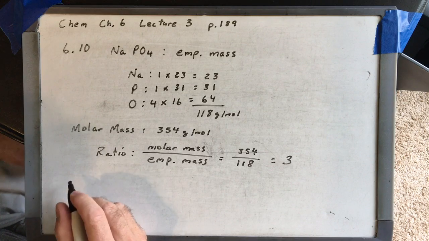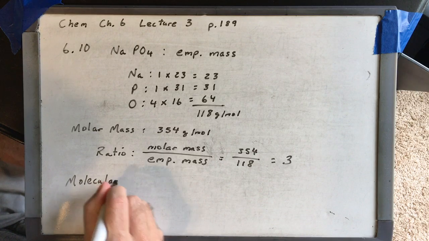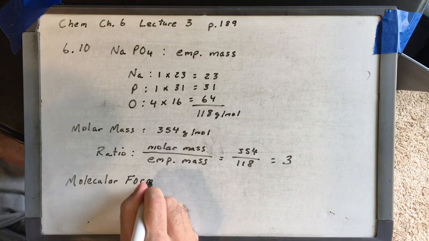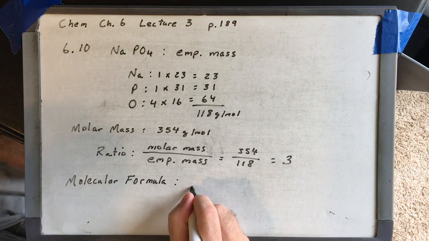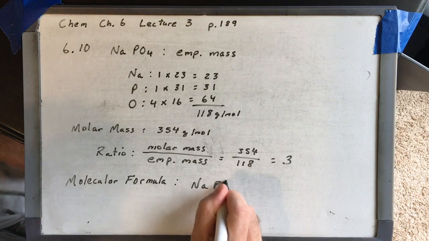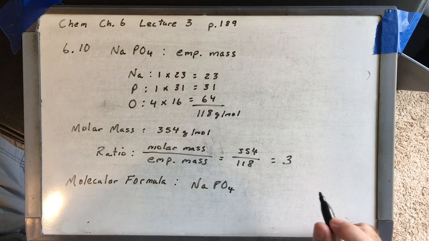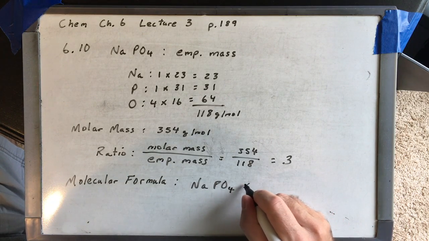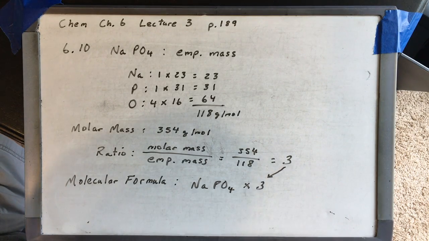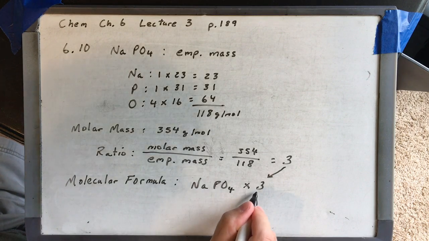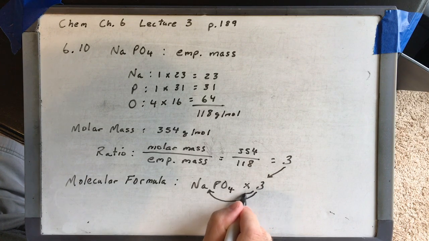To get the molecular formula, you take the empirical formula, which is NaPO4, right? Okay? And you multiply each subscript by 3, by this ratio. You're not putting a 3 out front, you're multiplying each subscript by 3.